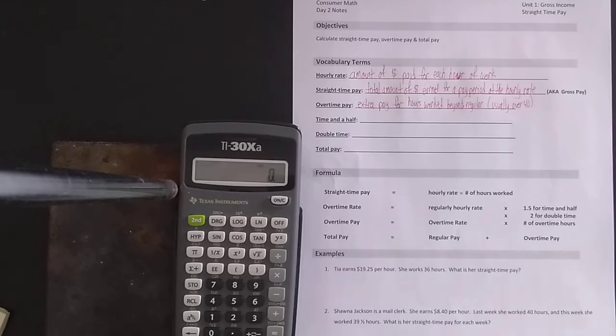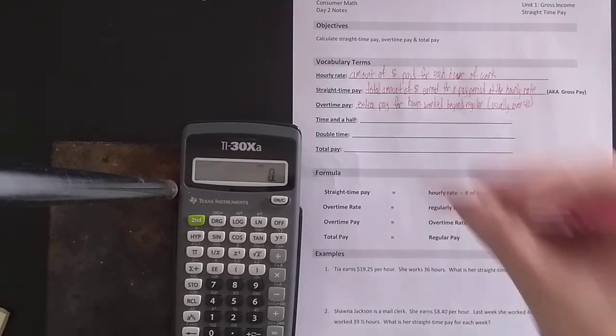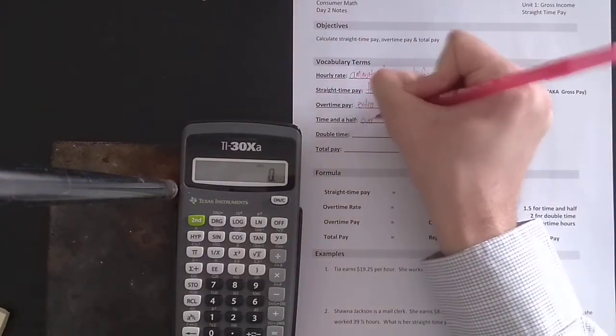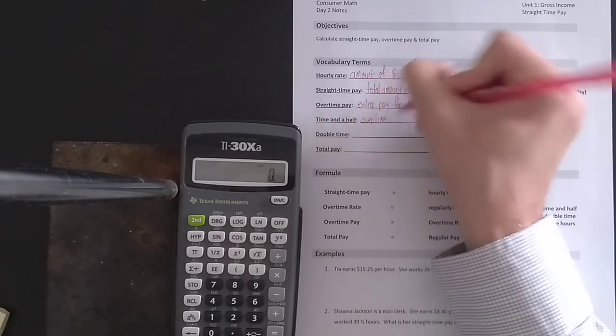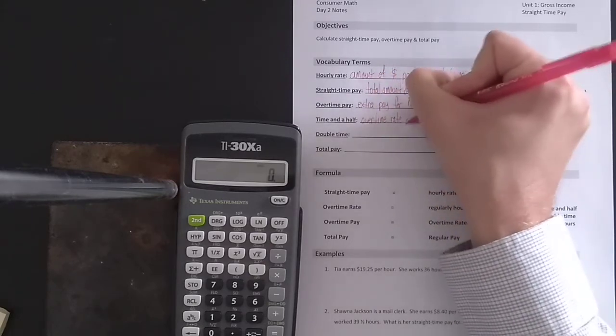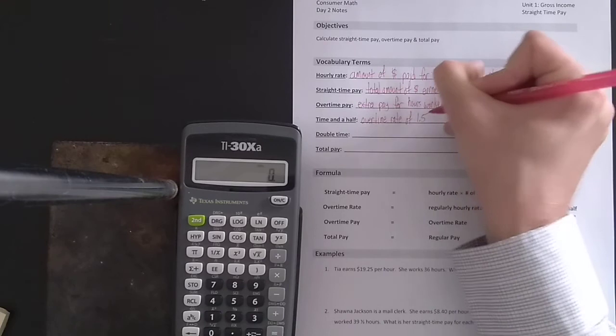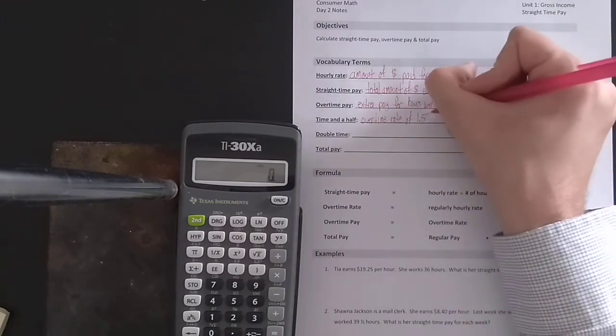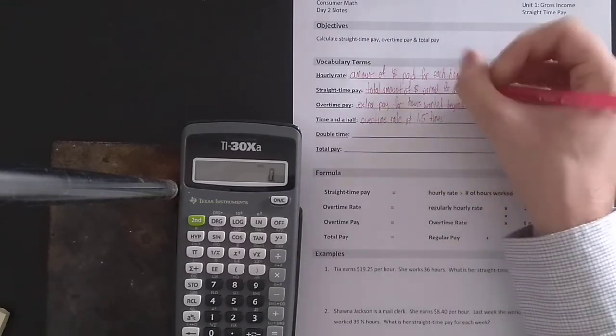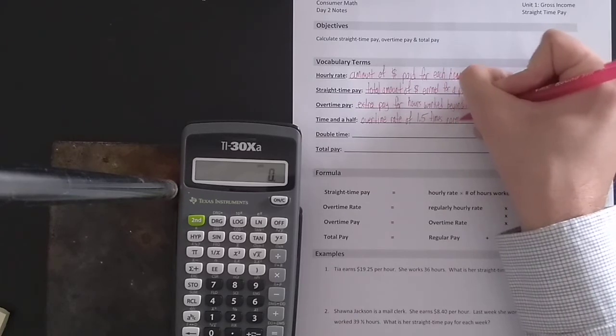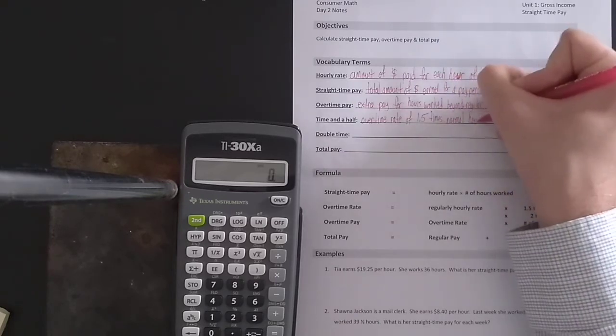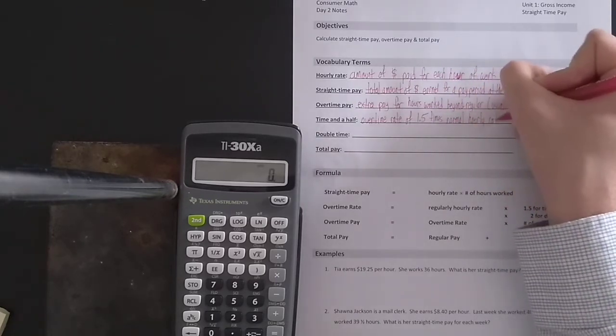There's two types of overtime rates that we're going to talk about. There's something called time and a half, and there's something called double time. Time and a half is an overtime rate of 1.5, remember that number, that's very important, times the normal hourly rate.